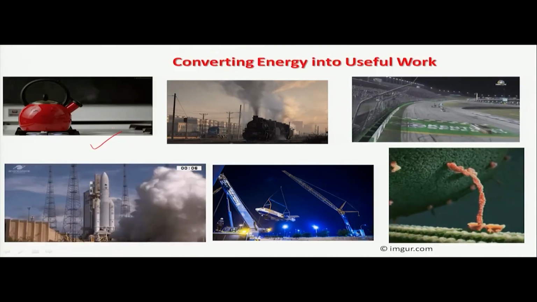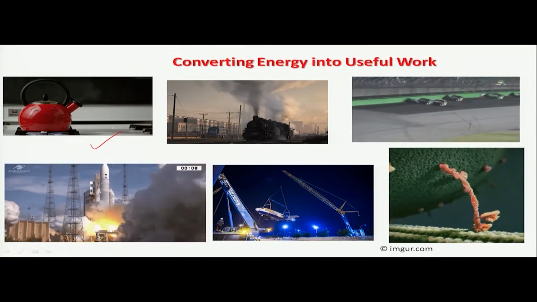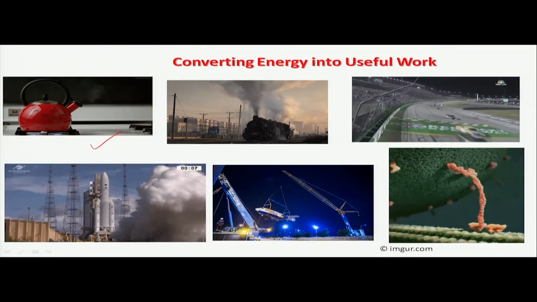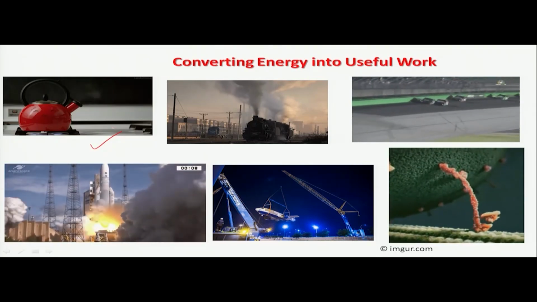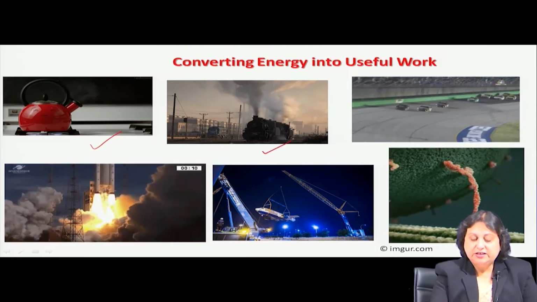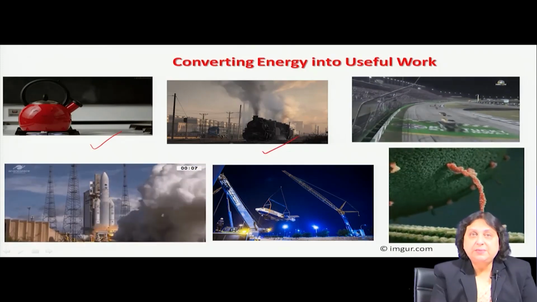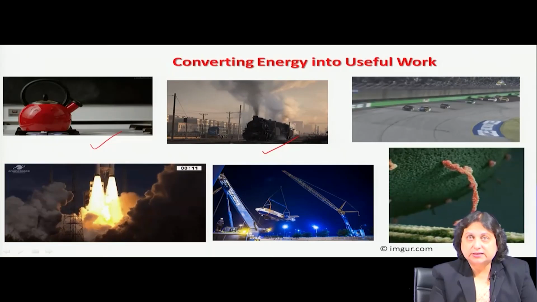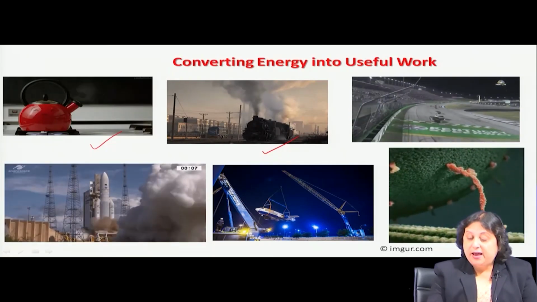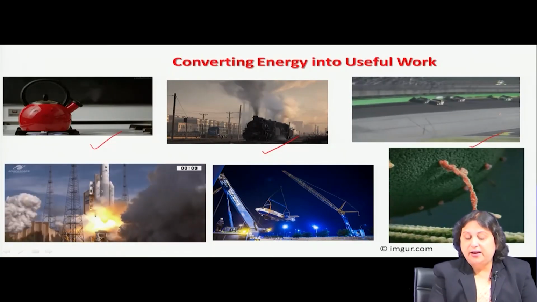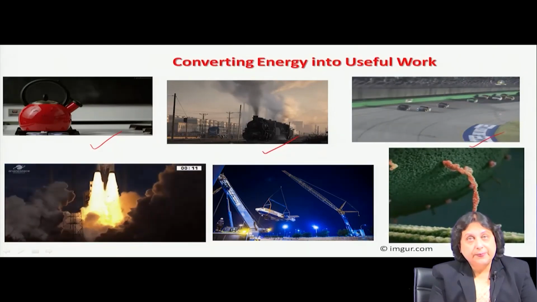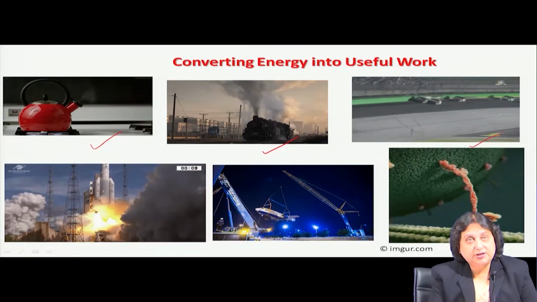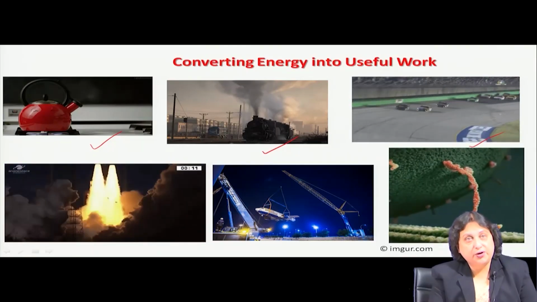So the steam is doing some work against the atmospheric pressure. And obviously the Industrial Revolution followed when we started having steam engines pulling the train carriages. And these days we have cars which are running very fast and with which we can cover a very large distance within a very short time.